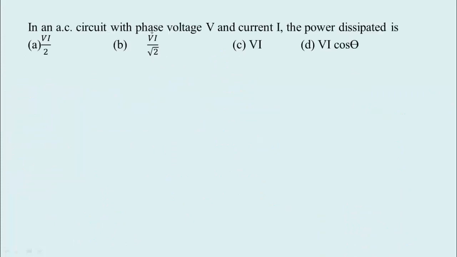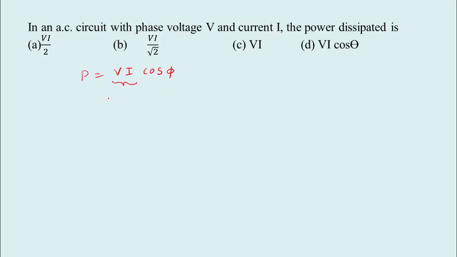In an AC circuit with phase voltage V and current I, the power dissipated is... We have the equation P equal to V I cos phi. Power dissipation always depends on V and I values.